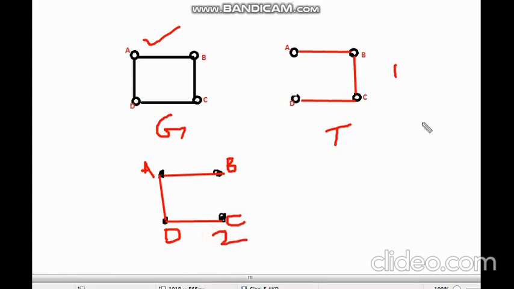And the third one, I am taking 4 vertices: this is A, this is B, C, D. So I am taking the edges A to D, D to C, C to B. In this I have n vertices, n-1 edges and no cycles. So like that we have multiple spanning trees for the given graph.